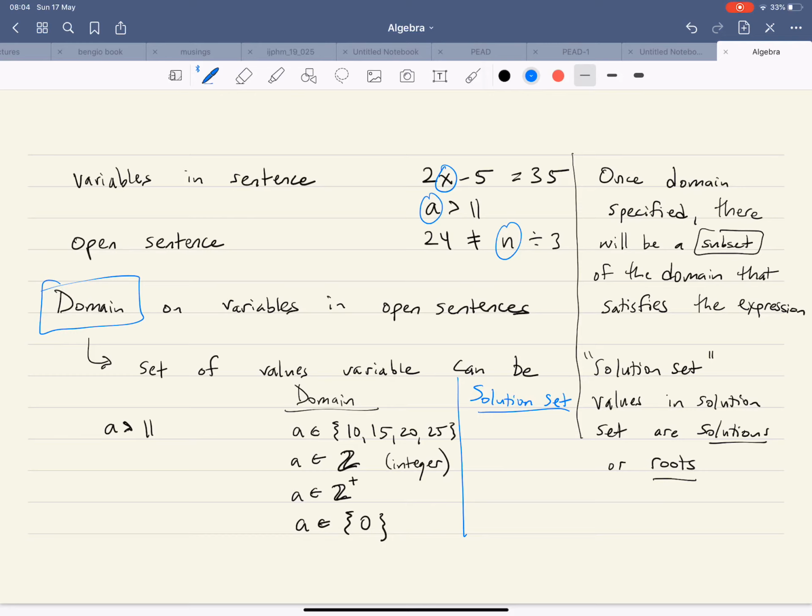Well, when a is in {10, 15, 20, 25}, then our solution set is a is in {15, 20, 25}, right? All of those values for a would satisfy a is greater than 11. 10 is the only value that doesn't satisfy it. Now when a is an integer, then the values for a that satisfy the expression would be 12, 13, 14, etc., right? All the integers that are greater than 11.